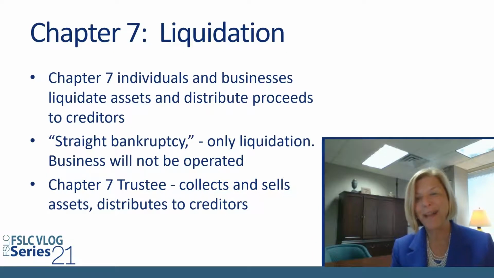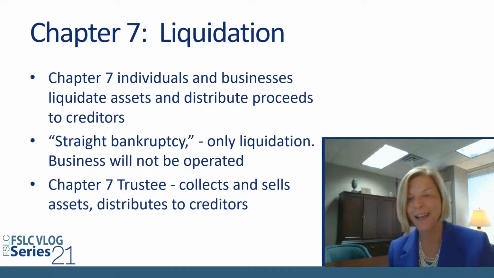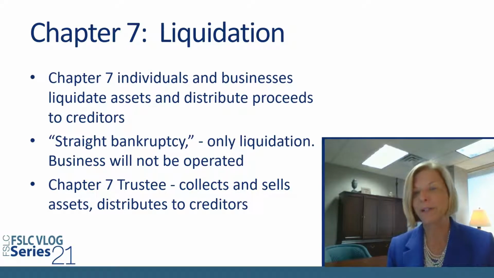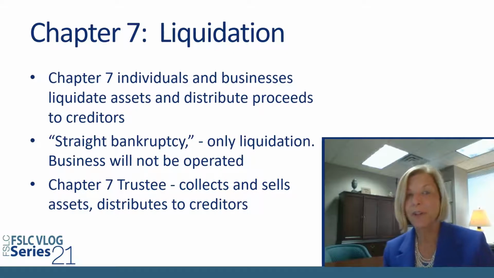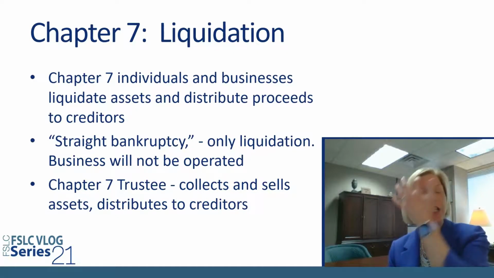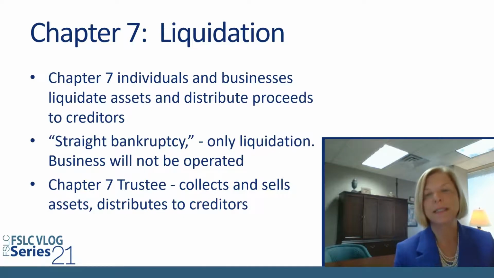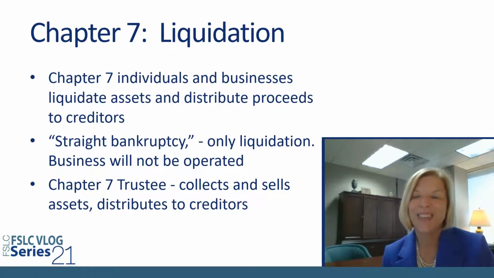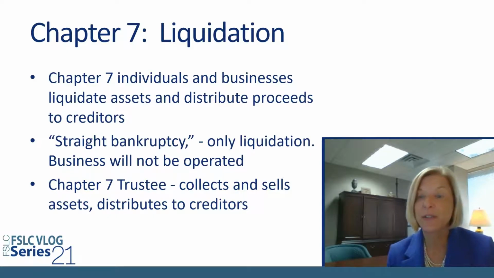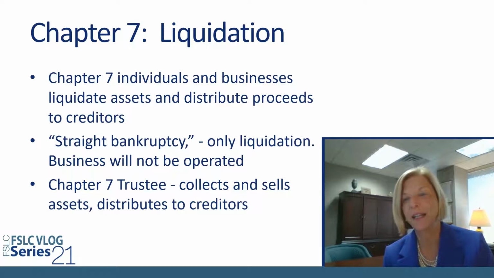Now let's talk about the different chapters that a petition can be filed under. Chapter 7 liquidation is the most common bankruptcy of all. It's what we call a straight bankruptcy. A Chapter 7 may be filed by either individuals or businesses. When a Chapter 7 is filed, a Chapter 7 trustee is appointed.